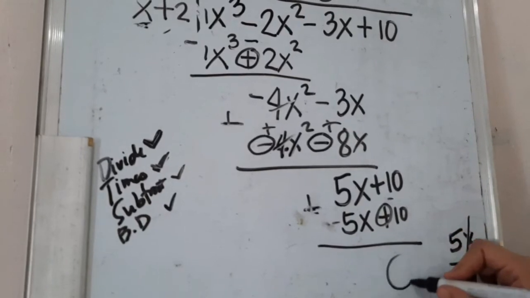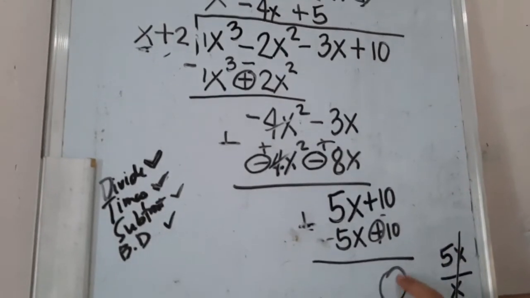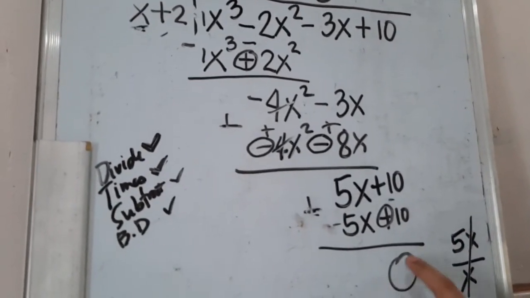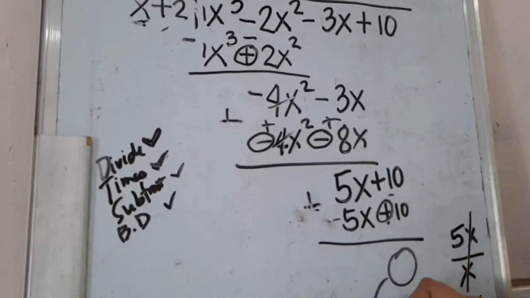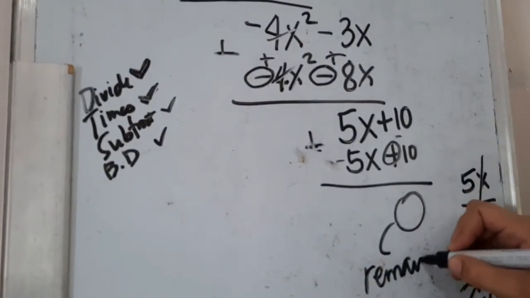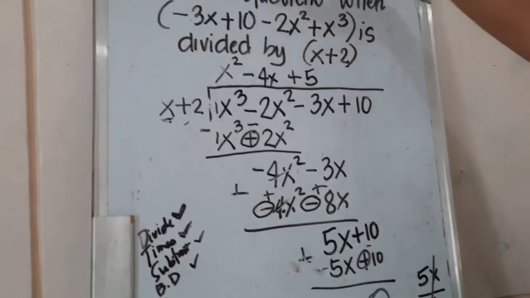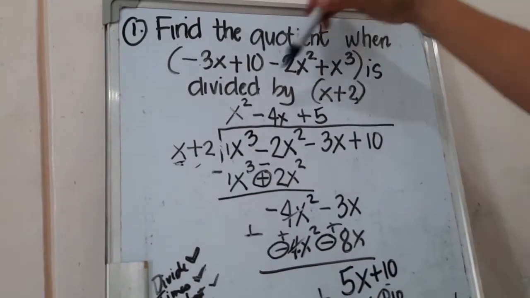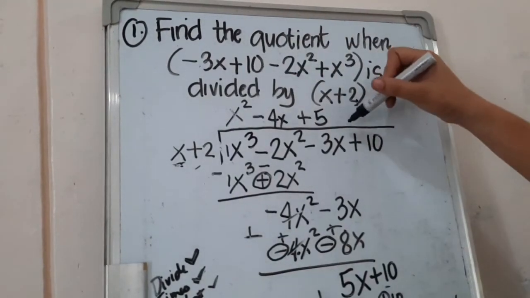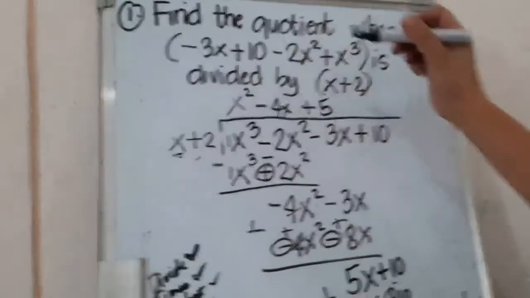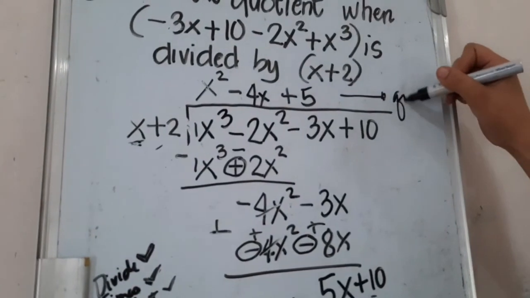So the answer here is 0. The last number that appears here is what we call the remainder. So if we are going to find the quotient when this polynomial is divided by x plus 2, the answer is x squared minus 4x plus 5 is our quotient.